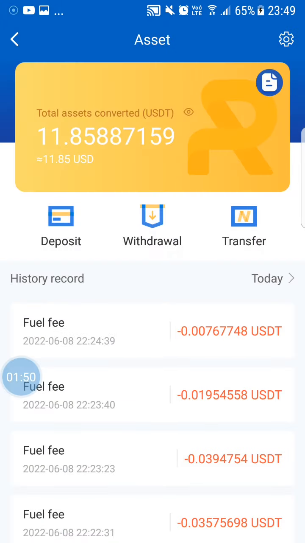Coming out of that, from that 20 USDT, the remainder is now 11.85887159. You can round it off to $11.85, for instance.